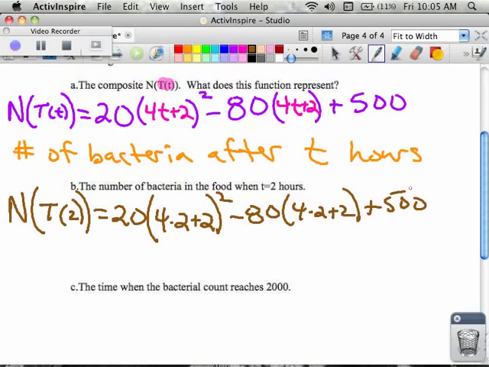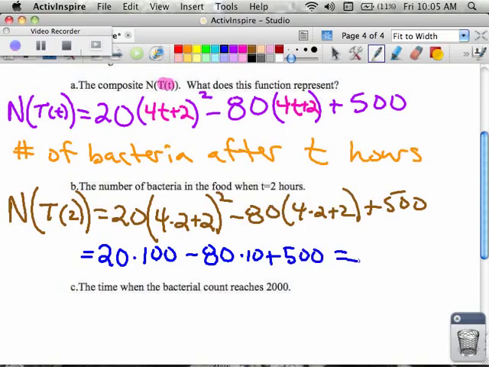Now I could simplify that a little bit. That should be 20 times 10 squared. So 4 times 2 is 8 plus 2 is 10, squared is 100, minus 80 times 10 plus 500, which is 2,000 minus 800, which is 1,200 plus 500 is 1,700 bacteria. No calculator necessary.